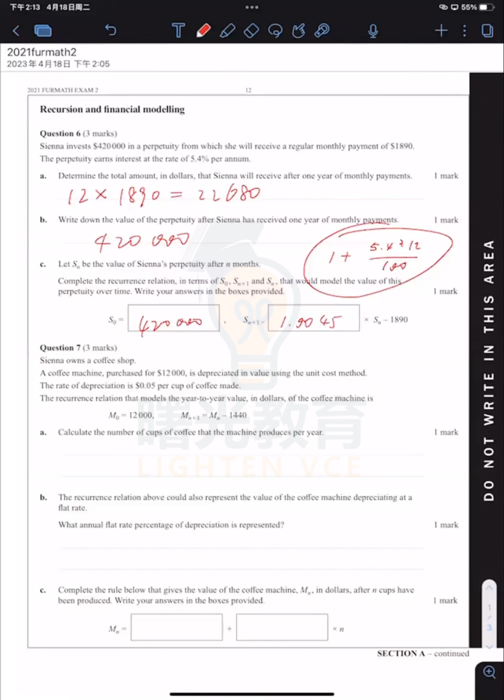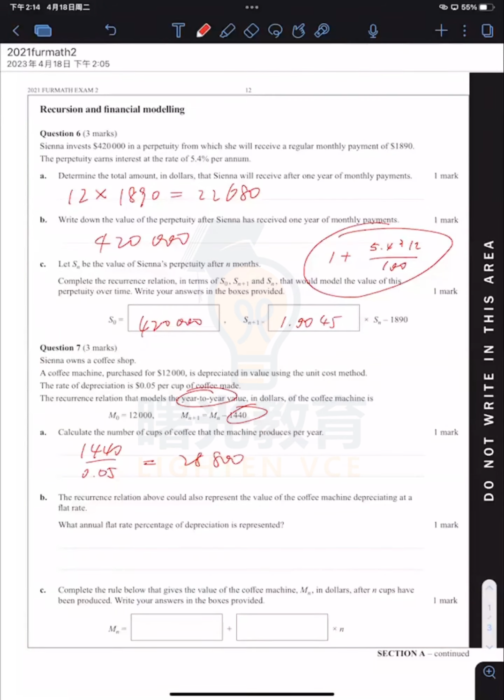Reading from the information in the recursion relations, we can see that it's actually depreciating by $1,440 per year. So how many cups of coffee are made by year? Total value divided by the price for each cup of coffee, and then it would be 28,800 cups.